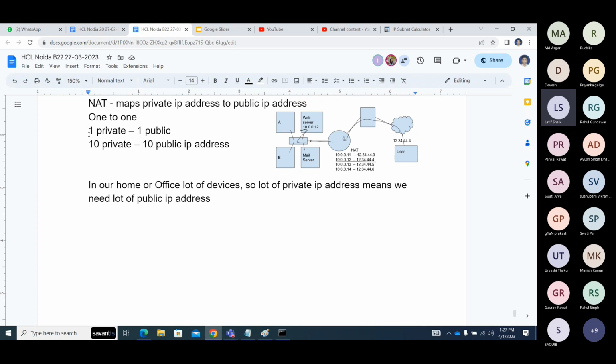Each device has its own private IP, but to communicate outside you need a public IP address. If I have 10 private IP addresses, I need 10 public IP addresses. That means I need to buy a lot of IP addresses. Then a new technology came up that is called PAT. PAT is nothing but NAT only, guys, with only a small difference. Port address translation.